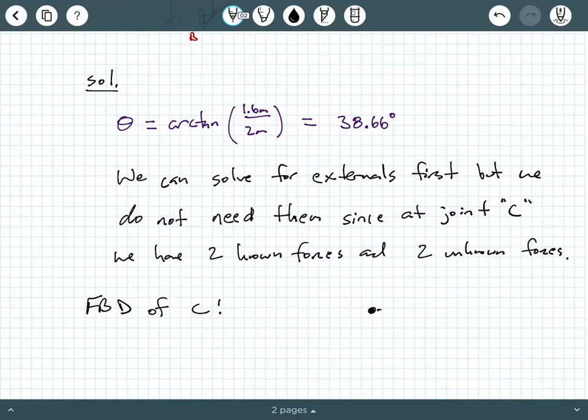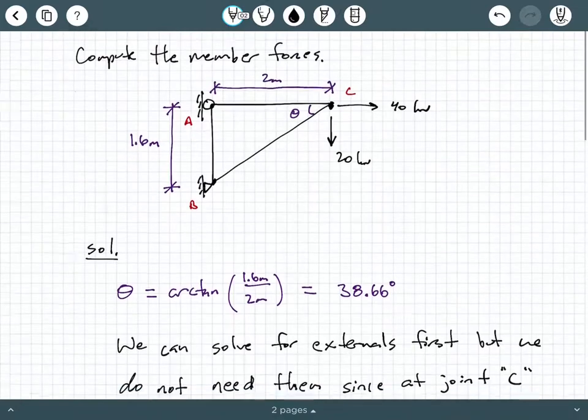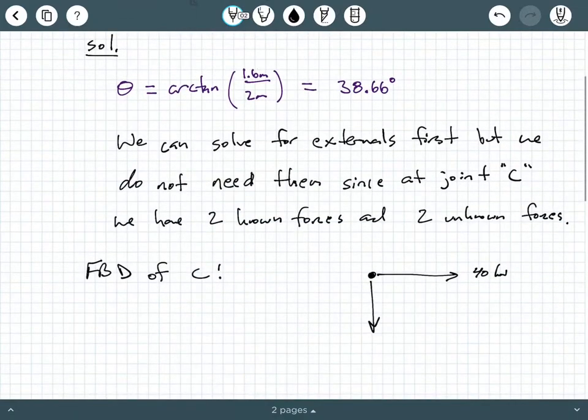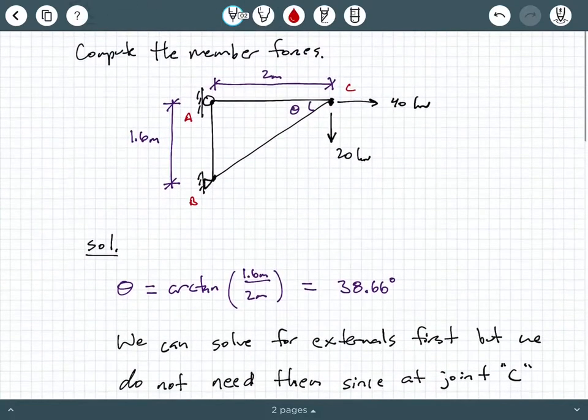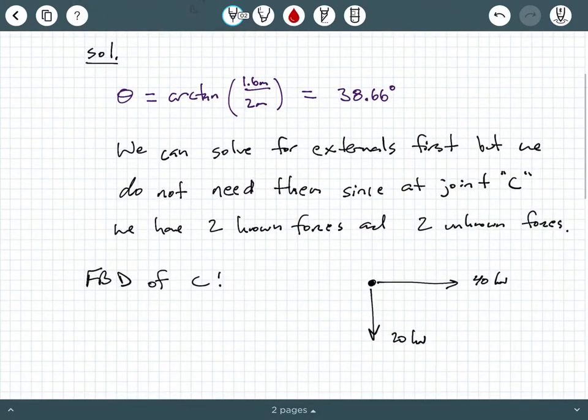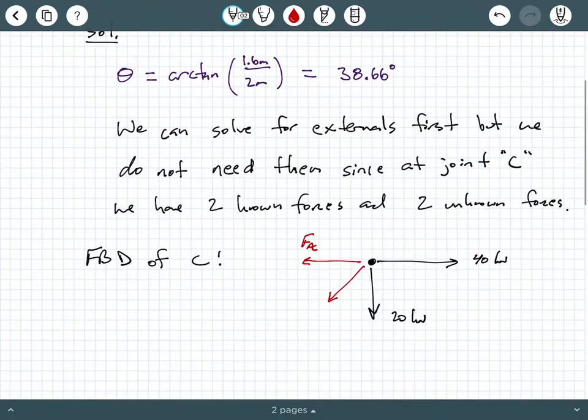All right, so what do we have at joint C? Well, at joint C, we have this 40 kilonewtons, right? And then we have 20 kilonewtons going down. And then we have a force in AC going to the left, F sub AC. And then we have a force in BC pointing into quadrant 3. And remember, why am I pointing these forces like this?